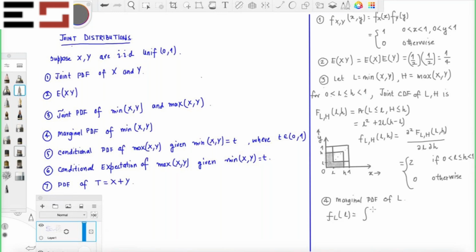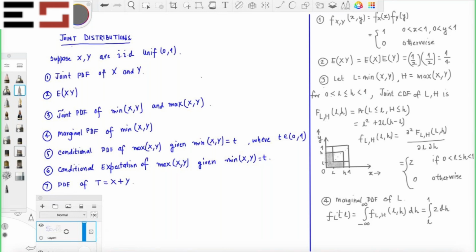Integral of the joint with respect to H, right? From negative infinity to infinity, which is like integrating 2 from L to 1. Is that okay? Because elsewhere it's 0, right?